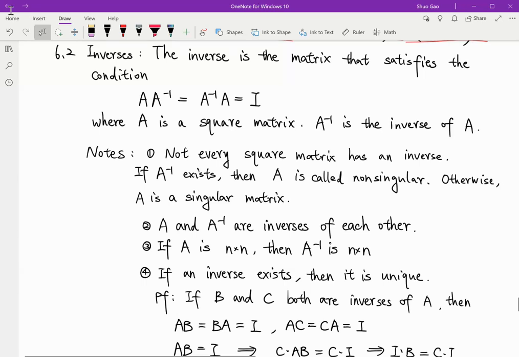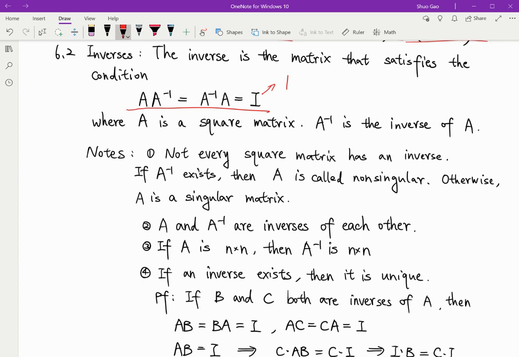The last topic of today is the inverse matrices. So inverse means the matrix that satisfies this condition. When we learned number algebra, we can consider this I, the identity matrix, as the number one in number algebra, right?